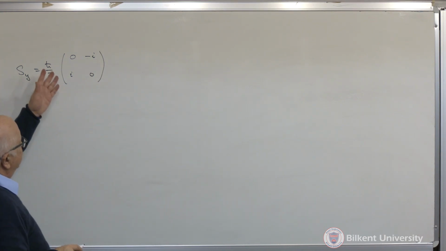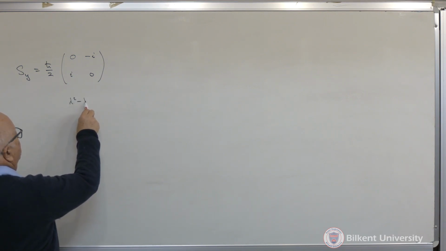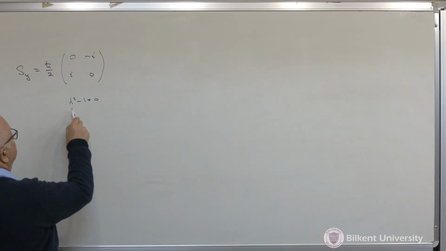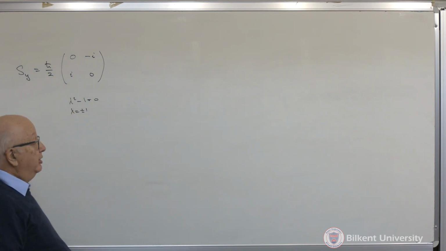You can again see very simply that you are going to get lambda squared minus 1 equal to 0 for the characteristic equation. So lambda equal to plus or minus 1 for this matrix part. Obviously, with h bar over 2, it was going to be plus or minus h bar over 2. But let's just look at the eigenvectors.